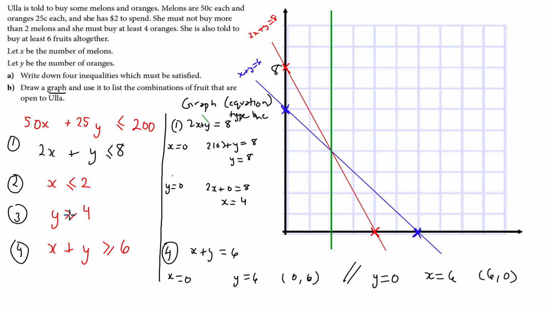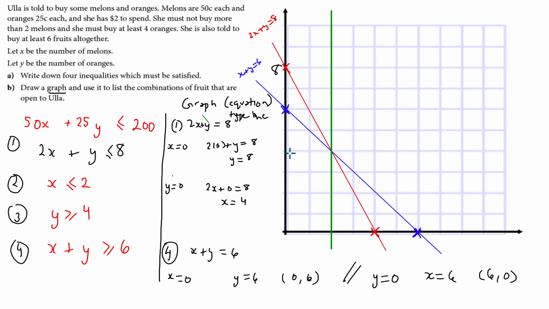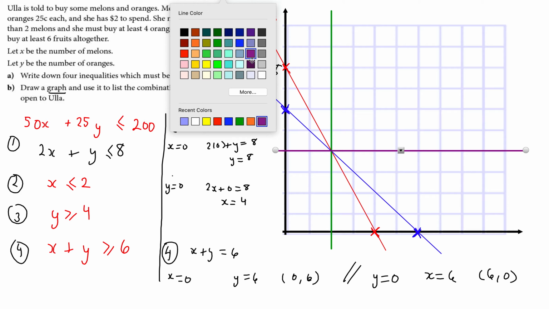And all of them have an equal to underneath the inequality. So that's why all my lines are solid lines and not dotted lines. So let's pick orange. I should have labeled the axes, but I can pick another color.